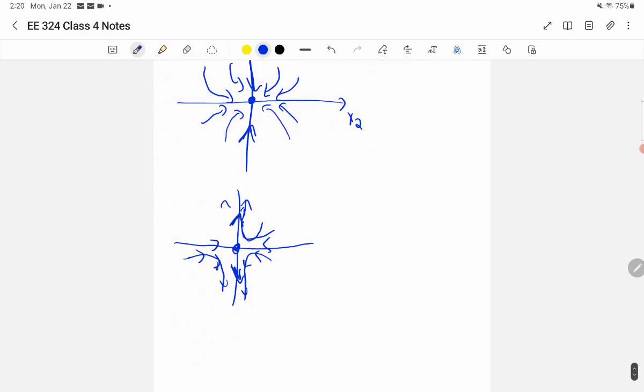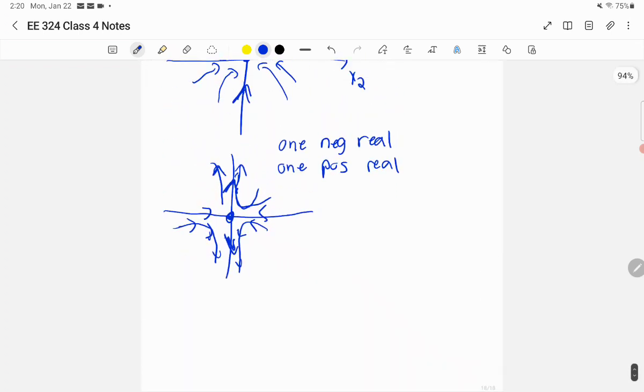These are 2D examples. So one of them is trying to push you towards, the other is away. So this is one negative real, one positive real eigenvalue.